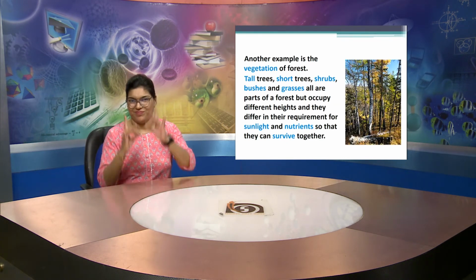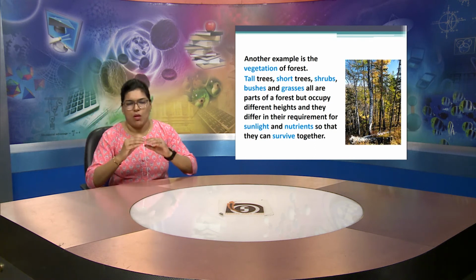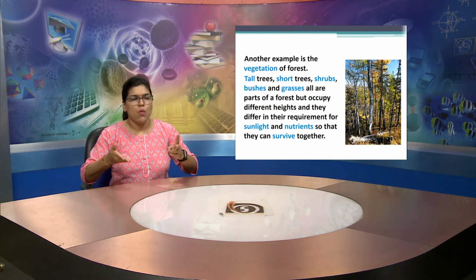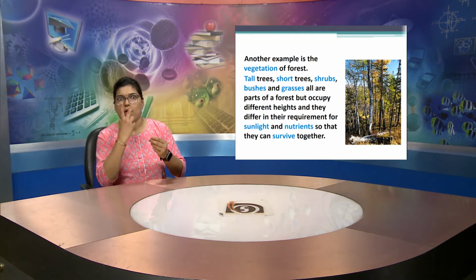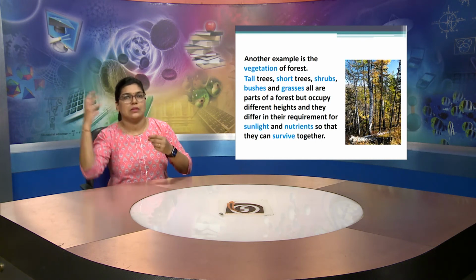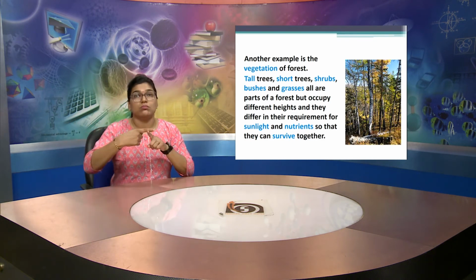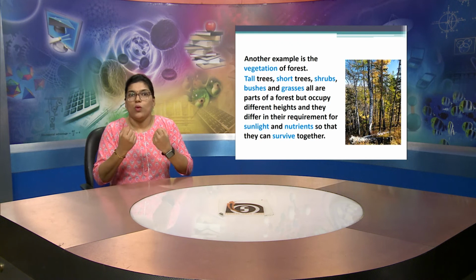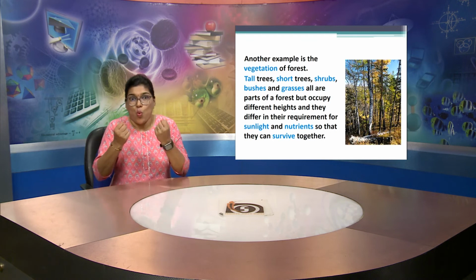Another example is the vegetation of forests. Tall trees, short trees, shrubs, bushes, and grasses all are the parts of a forest. But they occupy different heights and they all differ in their requirement for sunlight and nutrients so that they can survive together.